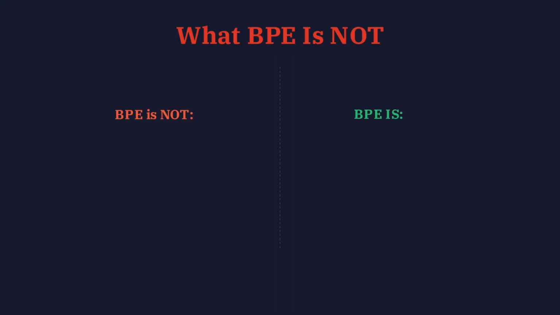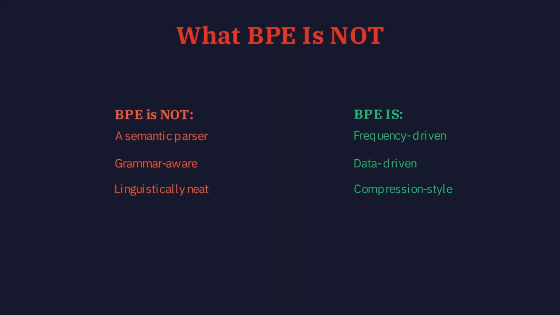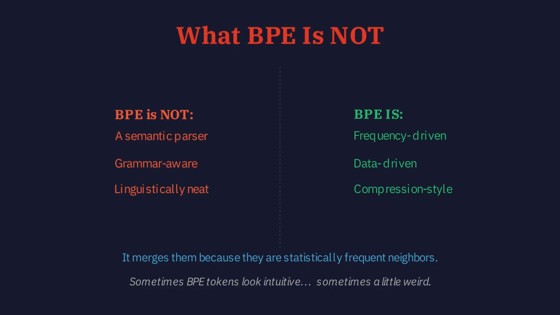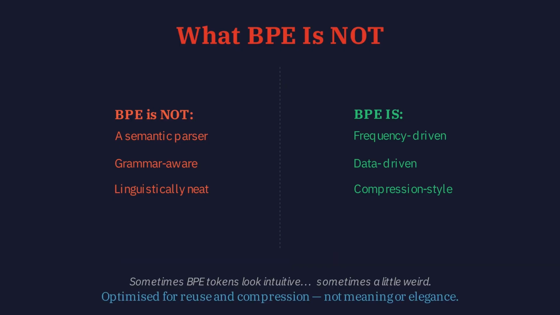So, the big takeaway is that byte pair encoding builds a subword vocabulary by frequency and not by handwritten rules. That gives the language model a sweet spot between giant word vocabularies and overly long character sequences. That's why sometimes byte pair encoding tokens look intuitive and sometimes they just look a little weird. They're optimized for reuse and compression, not for meaning or elegance.